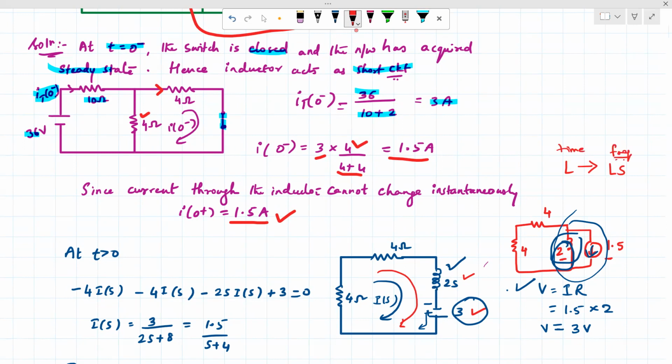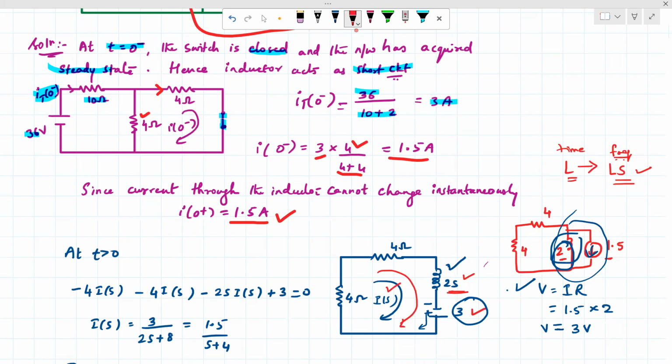We convert in order to be easier. In the time domain it will be slightly difficult, in the frequency domain the calculation seems to be much easier. That is why we have written here 2s. And this current i of t will become equal to I of s.